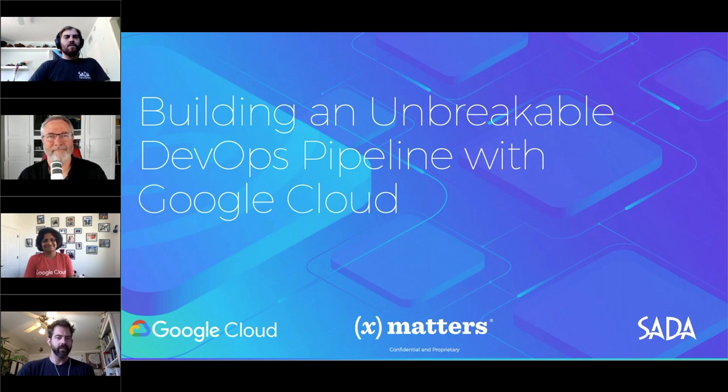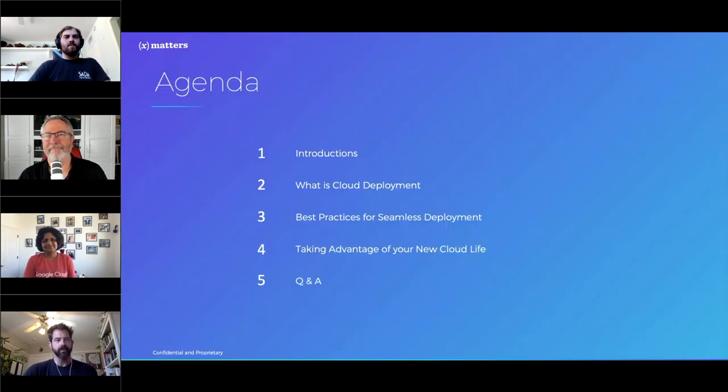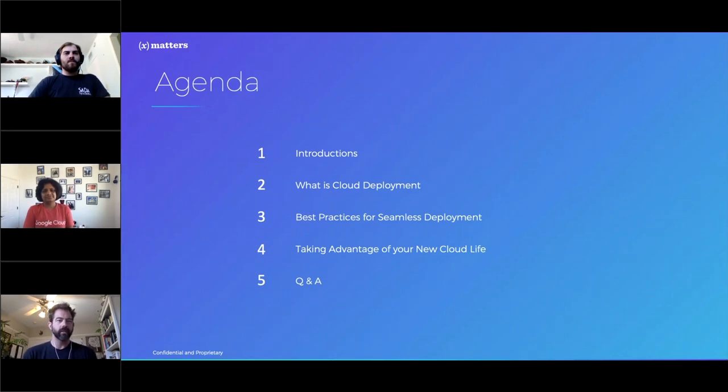Great, thanks, Mitch. I'm just going to jump into the agenda real quick, just so we have a good roadmap of what we're going to be looking at. So we'll start with introductions. Who are these people that are going to be talking for the next little while? Then we'll get into really what is cloud deployment, touch on a little bit of history so we have a baseline for where it all comes from, current practices, and then transition into best practices so you can get seamless deployments out there.